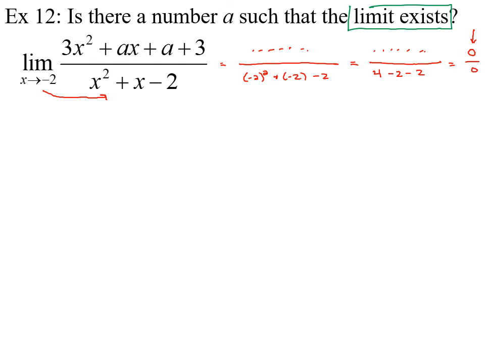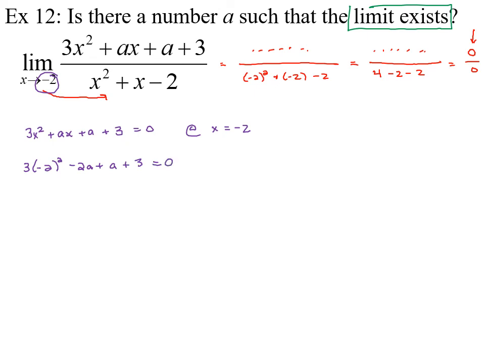So I'm going to concentrate on the top here. I need 3x squared plus ax plus a plus 3 to equal 0 at x equals negative 2, because that's the limit value here. So plug in x equals negative 2. That's 3 times negative 2 squared minus 2a plus a plus 3 is 0.